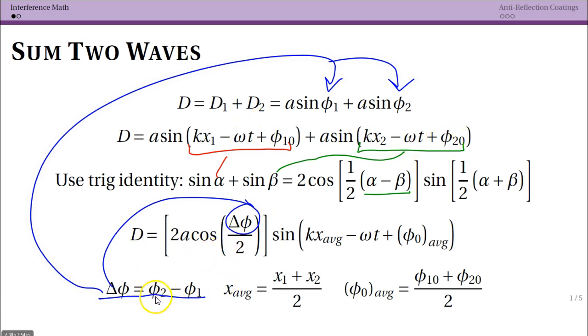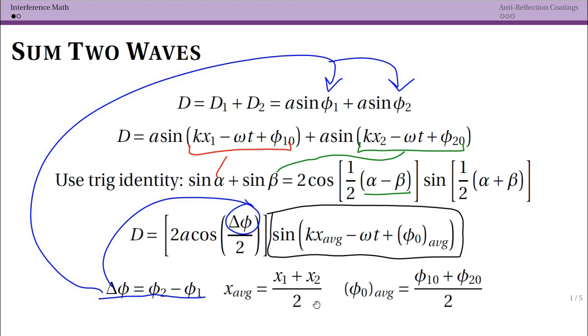So this has both x and phi naught in it, but not t. Then you have sine of some stuff where there's still a kx and an omega t, and then this phi naught average. Both of these averages simply come from the sum of the two values that appeared up here, divided by 2.